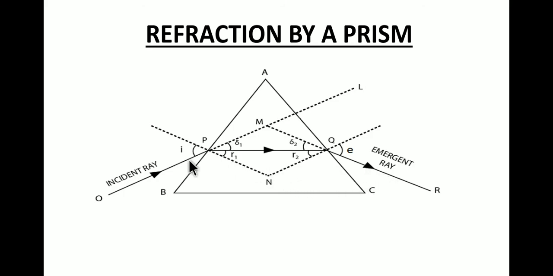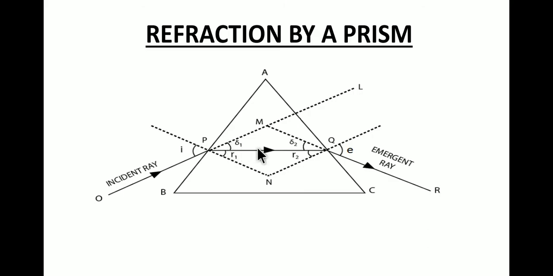Over here you can see this is the angle of incidence, this is the angle of refraction at the first point, and this is called del 1, that represents the deviation of the light. OL is supposed to be the actual path, and here it suffers a deviation.